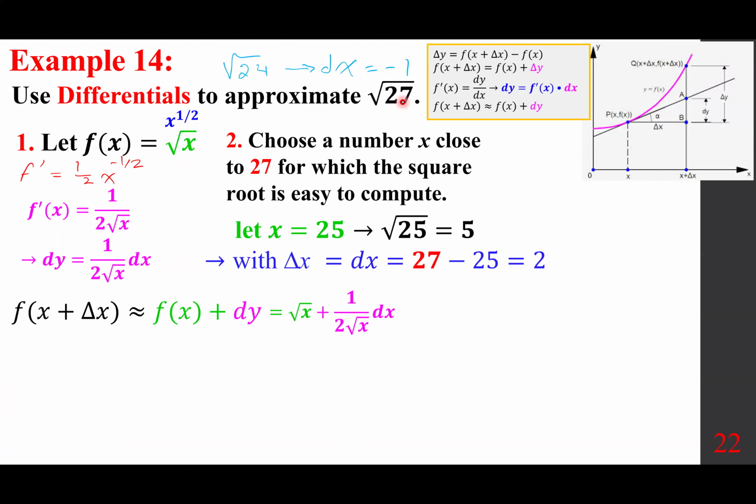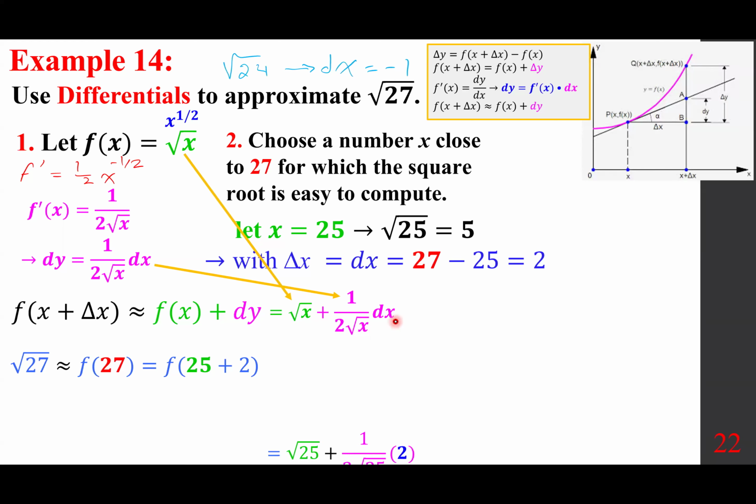And now we can calculate square root of 27 by evaluating f of 27, which is f of 25 plus 2. So x is 25, delta x is 2, everybody. So into this, replace the x with 25, same here, and dx with 2.